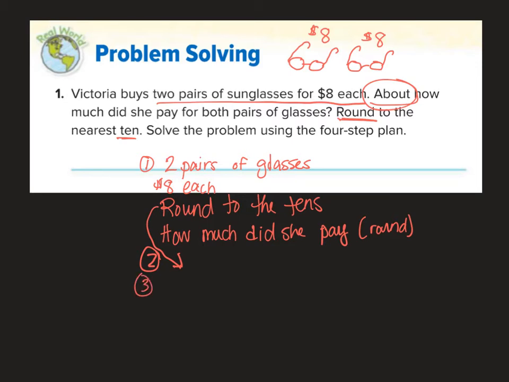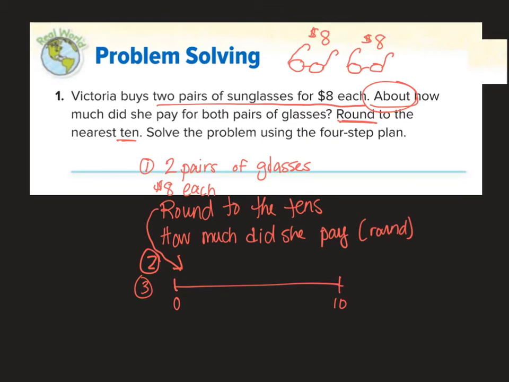So $8 rounded to the nearest 10. I think a number line is probably easiest. So I have 10 and I have 0. And then 5 would be in the middle. And if I look at where would 8 be? 6, 7, 8, 9. 8 would be right here.